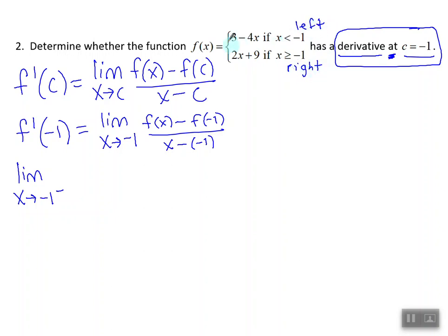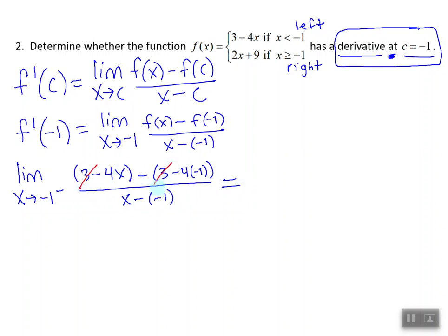So starting from the left, we're using that top expression, 3 minus 4x for f of x, minus f of -1 means I'm plugging -1 in where the x goes. So 3 minus 4 times -1. And that's divided by x minus -1. Now, what can we simplify here? 3 minus 3, and the numerator is left with -4x minus +4. Let's rewrite our limit expression.